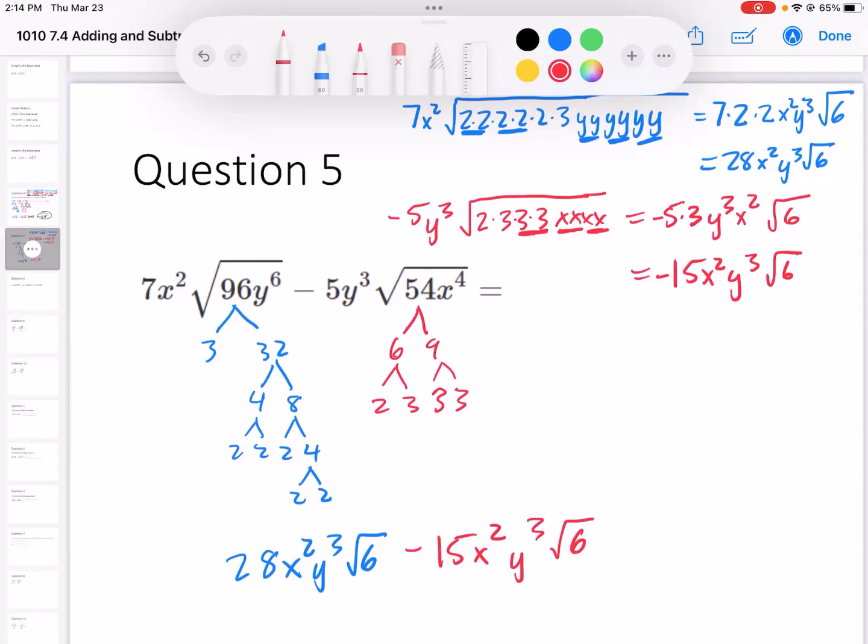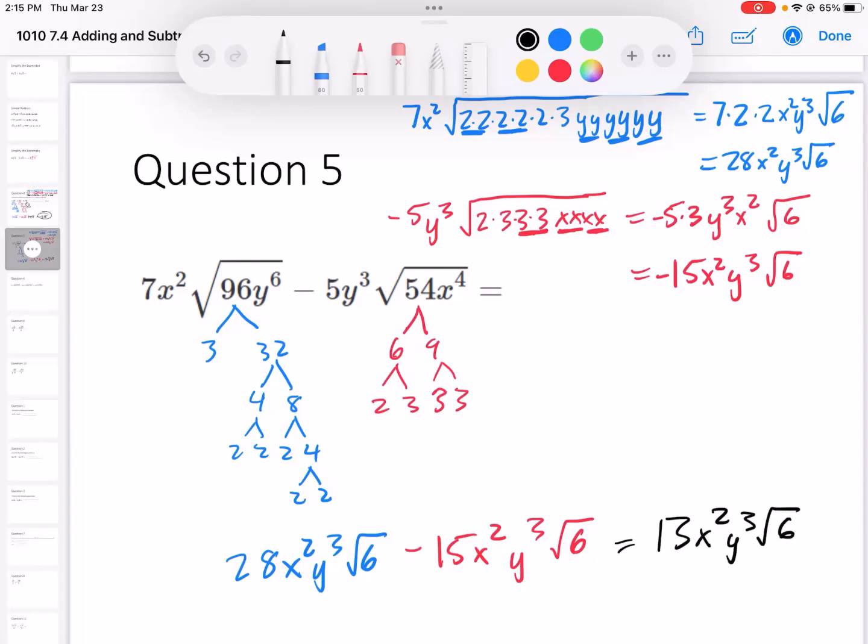So the fact that I have an x squared and an x squared, a y cubed and a y cubed, and a square root of 6 and a square root of 6, the fact that all of that stuff matches in both of them means that I can combine the like terms. So I'll say, I have 28 of all of that stuff minus 15 of all of that stuff, which 28 minus 15 is 13, I think. And so this would equal 13 x squared y cubed square root of 6.